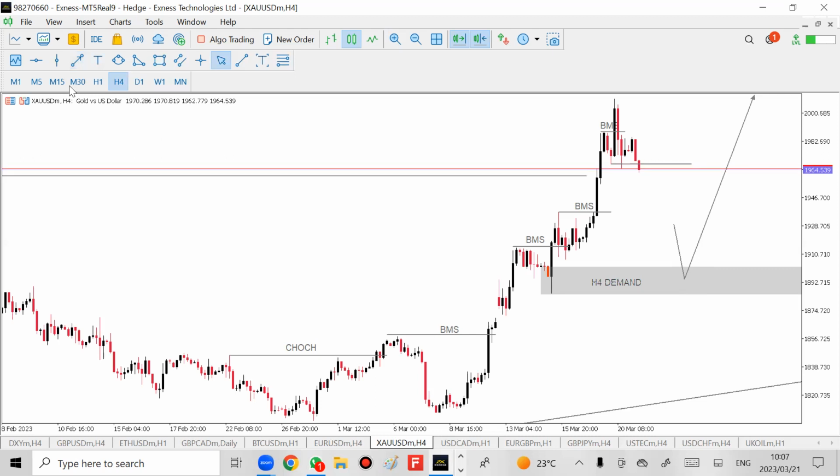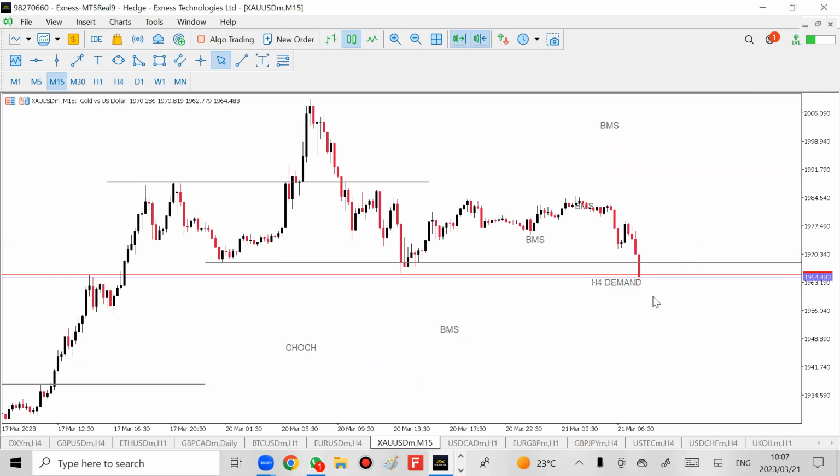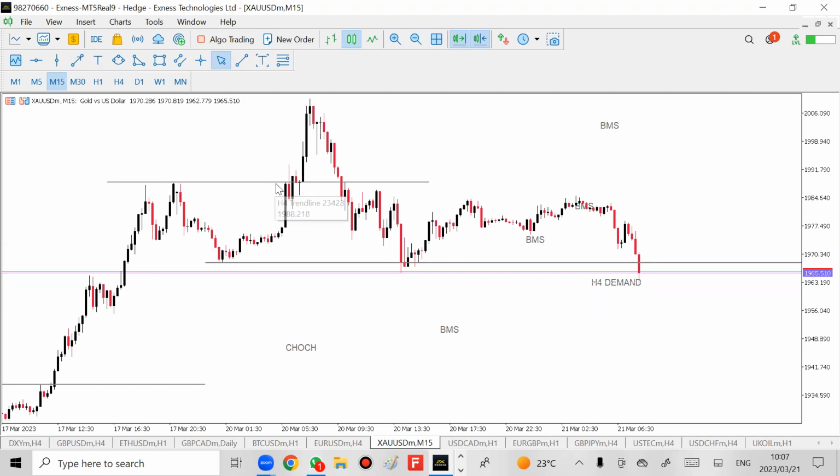So now we are on 15 minutes. You know what we're looking for. Give me the approach of entry. Now, our most recent higher low is taken out. What are we looking at?